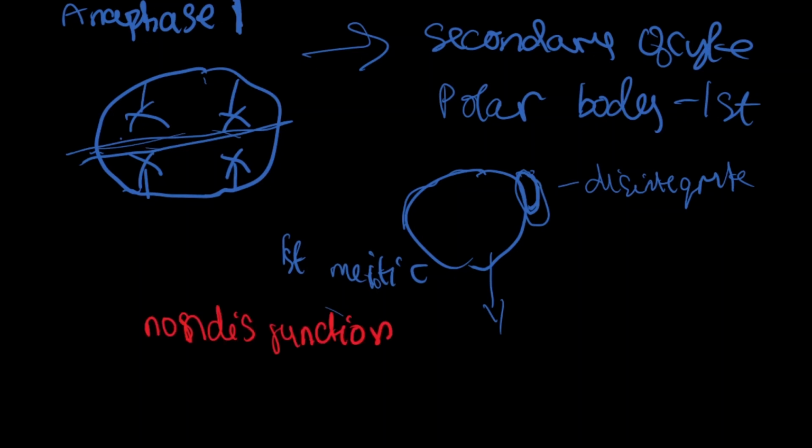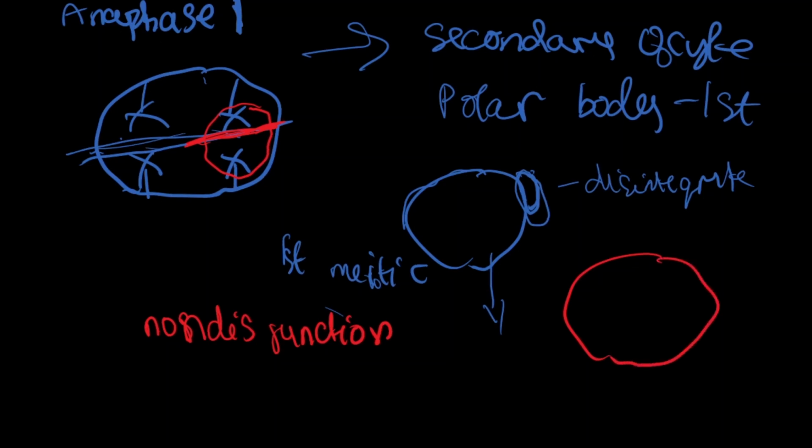In a non-disjunction, the homologous chromosomes that form the bivalent fail to separate at anaphase. So take for instance, we have something that looks like this.